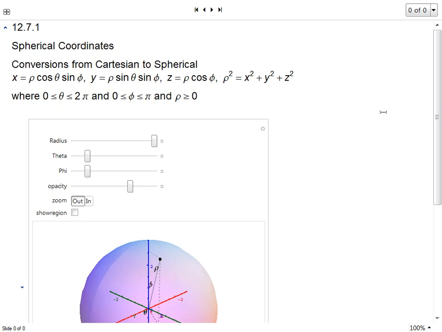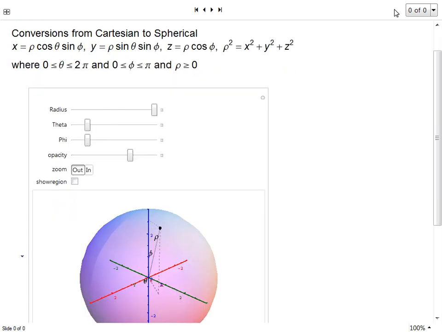Now, the reason we call it spherical is because if I fix some radius, and I start letting theta swing around, and I start letting phi change, then I create parts of a sphere.